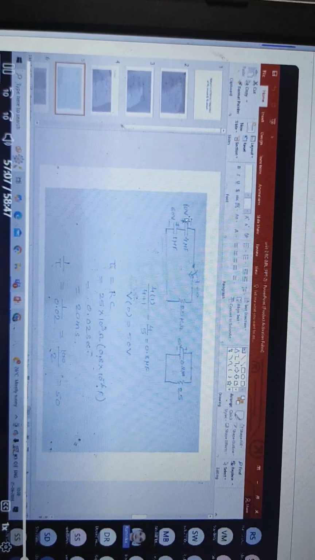Across the capacitors the voltages are 60 and 10, so you get 50 volts.